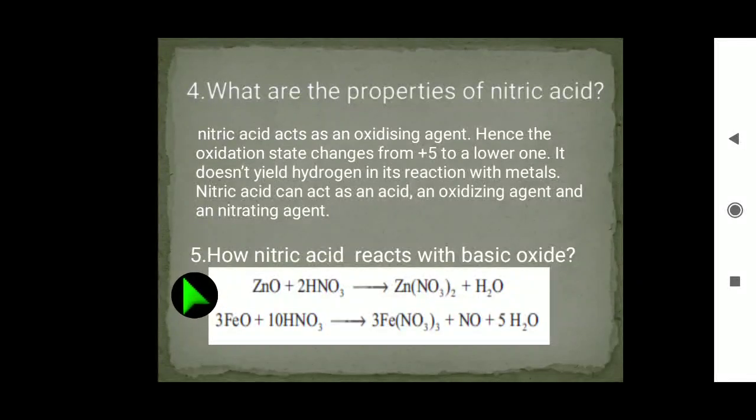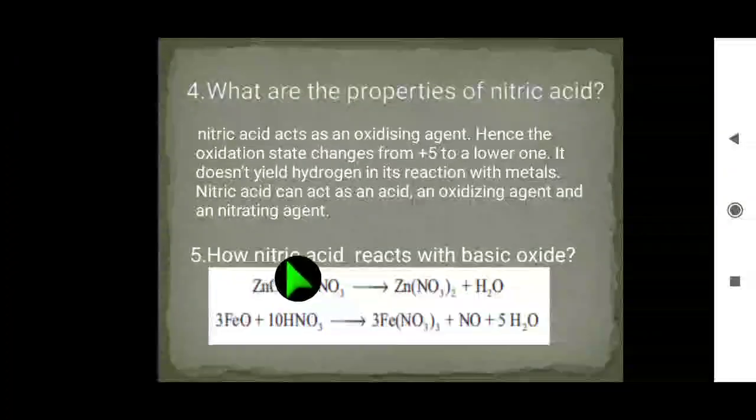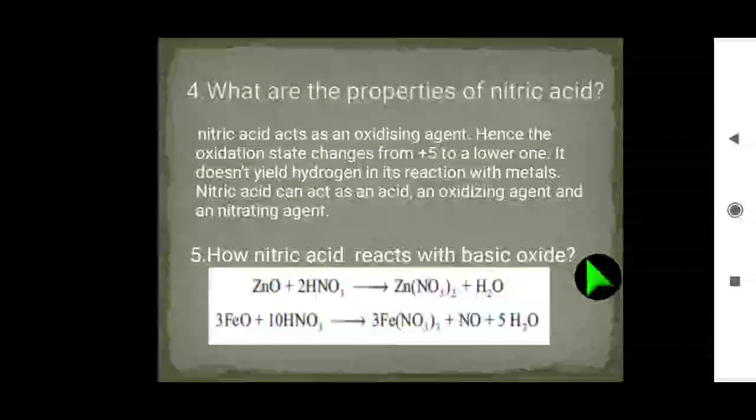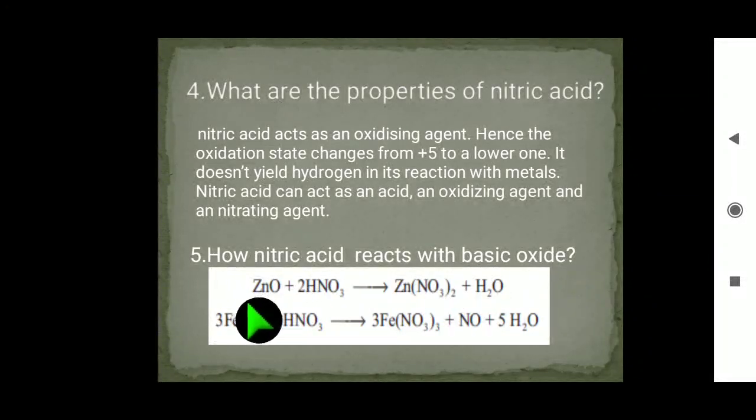Okay, question number 5. How does nitric acid react with basic oxides? Here, two basic oxides are given. One is zinc oxide, another one is iron oxide. When zinc oxide reacts with nitric acid, they give zinc nitrate and water.